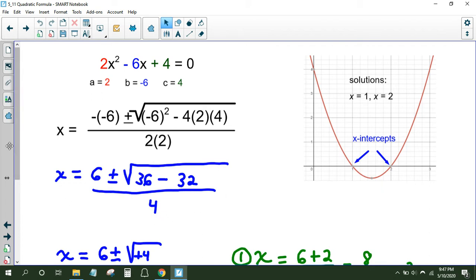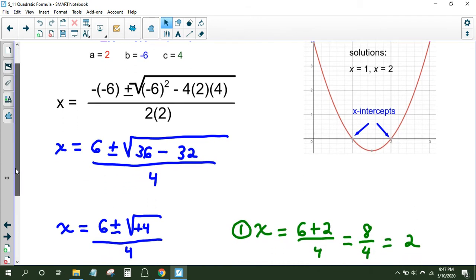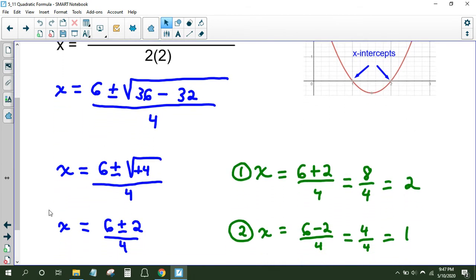Now it's just a matter of simplifying. We have x equal to 6 plus or minus the square root of 4, since 36 minus 32 is 4, over 4. Simplifying again, we have 6 plus or minus 2, since the square root of 4 is 2, all of that over 4.